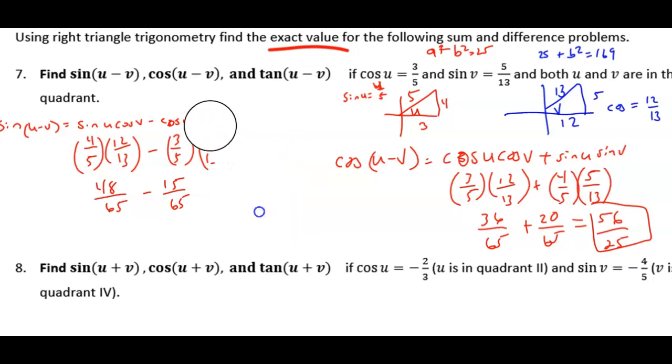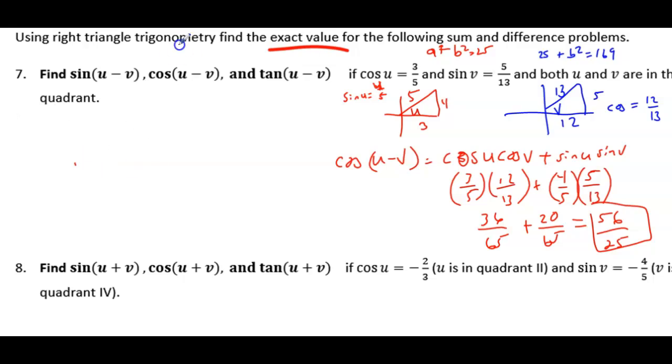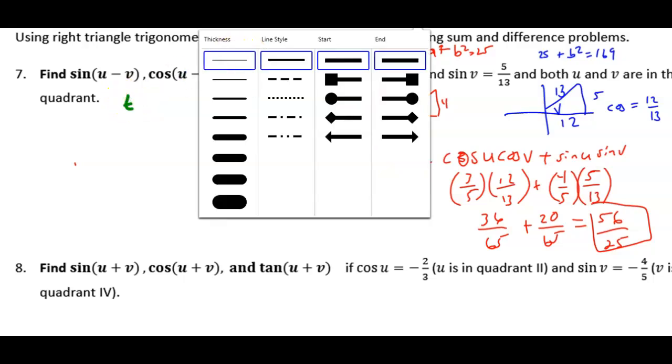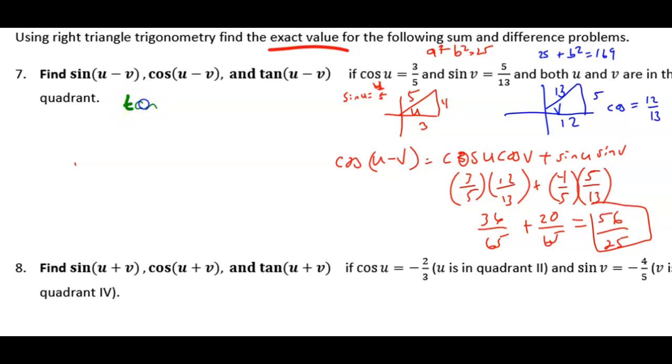All right, one more from this section. So it says tangent. So tan of u minus v means tan of u minus tan of v, all over 1 minus tan of u times tan of v.